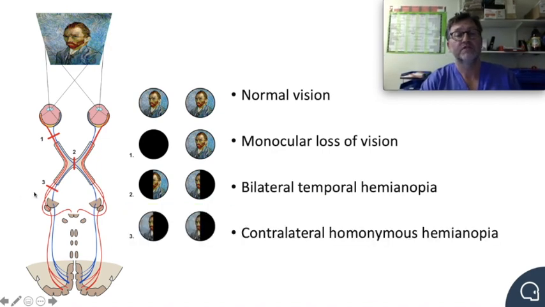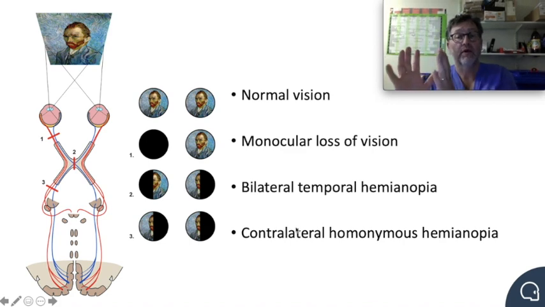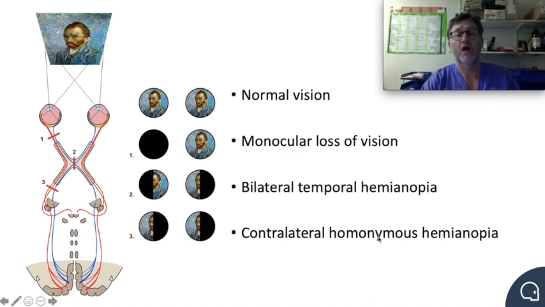So, if we have a disease process further back behind the optic chiasma, either in the optic tract, the lateral nucleus, or the optic radiation or visual cortex, we will get loss of sight on the contralateral side, or the opposite side, but it's going to be completely on that opposite side. So that's why we call it homonymous hemianopia.